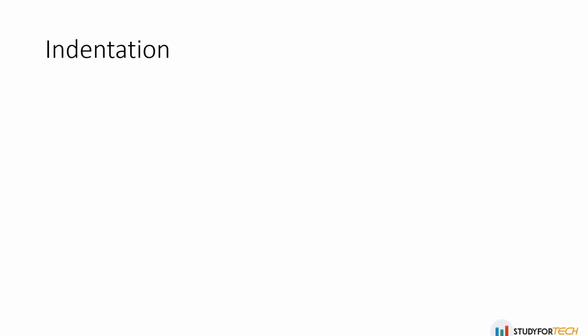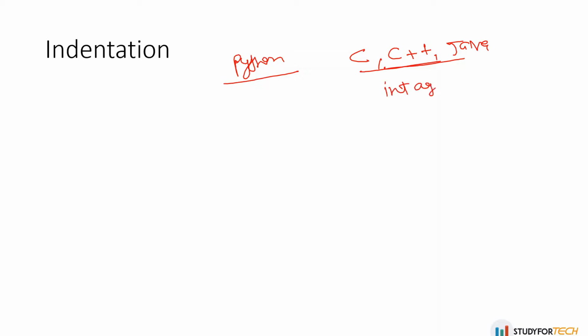So why do we use indentation in Python? If you know C or C++ or Java or any programming language, fine. If you do not know, also no problem, I will explain. Let's see how to write conditions in these languages. Let's suppose we take one variable here: integer age equal to 10.